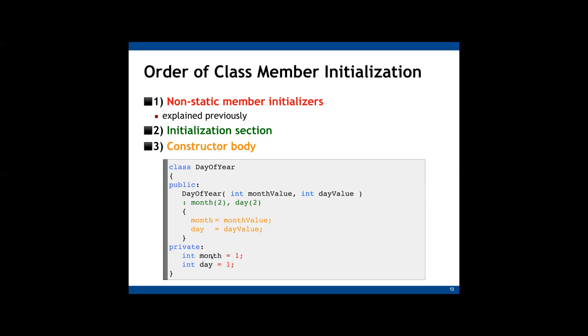In this example, we are setting month and day in 3 different locations. One here, another one here. Then the question is in which order the member variables are initialized. So let's run this source code and check it in the terminal.